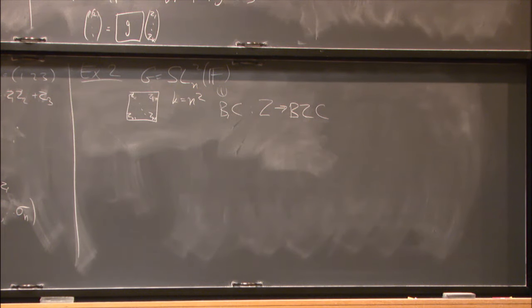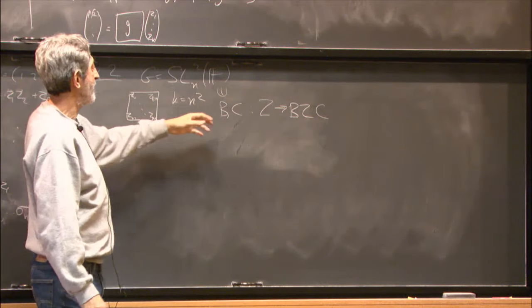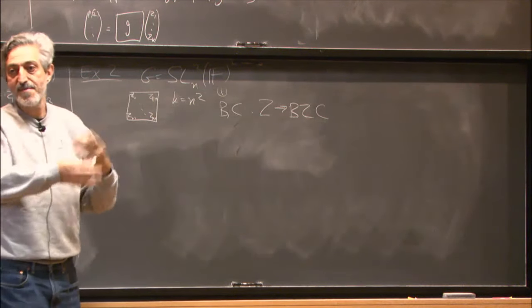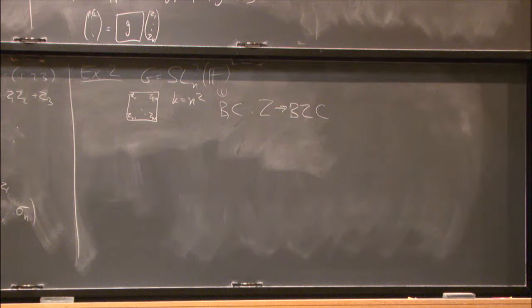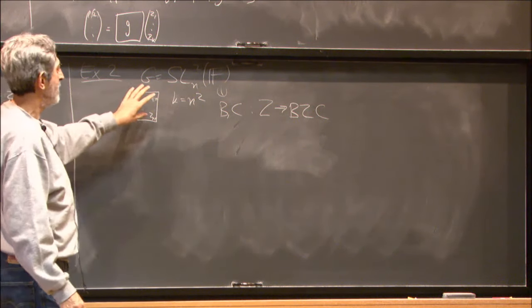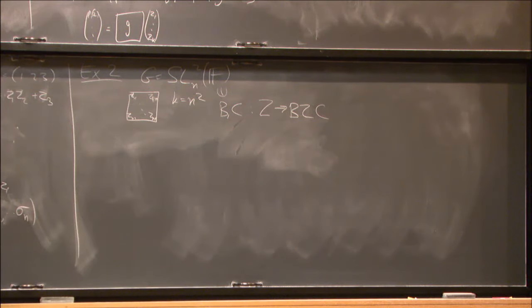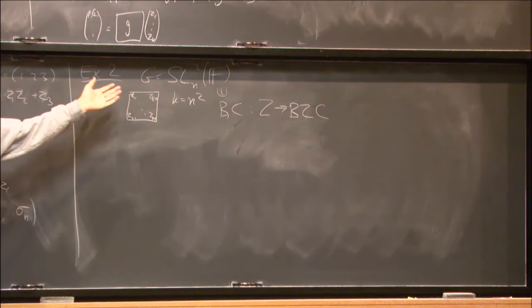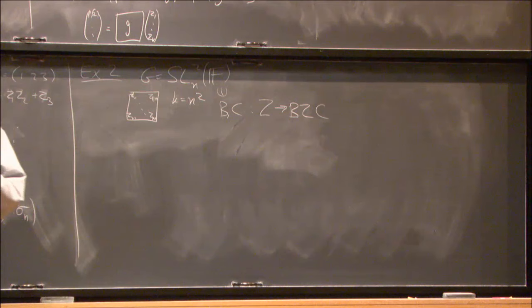So there is a group action, right? Pre- and post-multiplying by constant matrices makes a linear change of these variables. Can you think of a polynomial in these n squared variables that is preserved under this action for every B and C? B and C are elements of our group. Determinant is good, yes? Determinant. Okay, good.